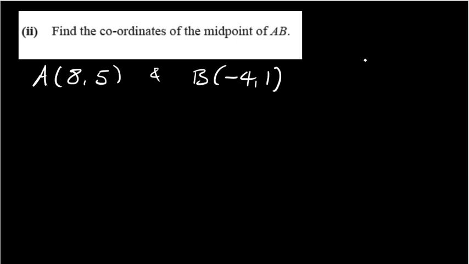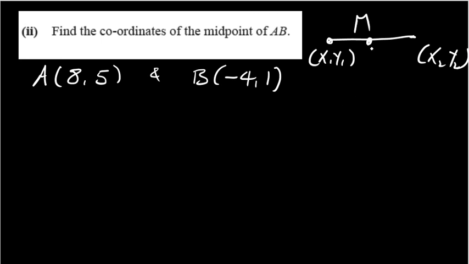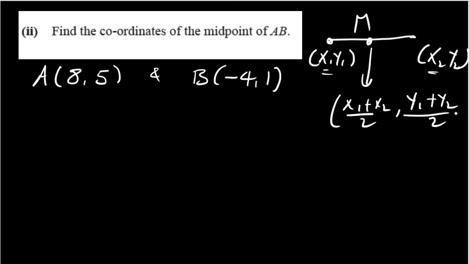Let me recall one point here. If we have a line segment with one end point x1, y1 and the other end point x2, y2, then the midpoint formula is: just add the first coordinates and divide by 2, x1 plus x2 the whole over 2, and in the same manner y1 plus y2 the whole over 2. This is the midpoint formula.